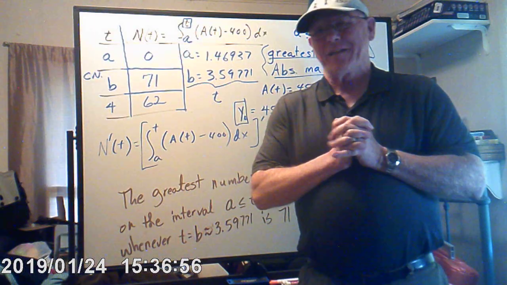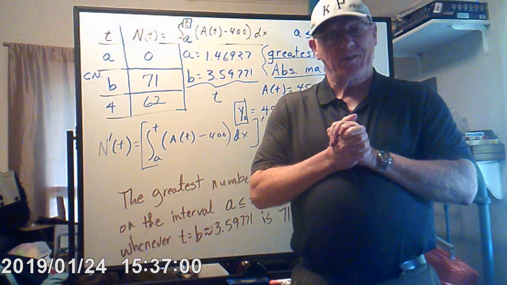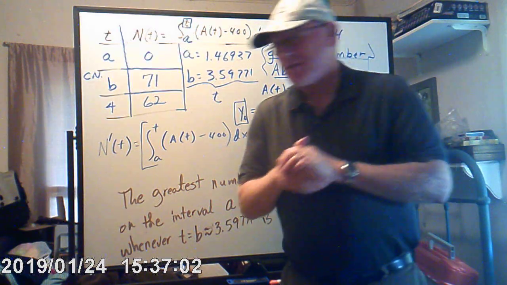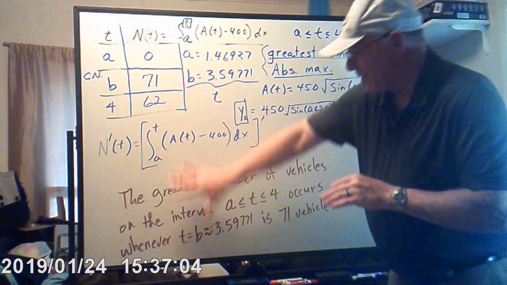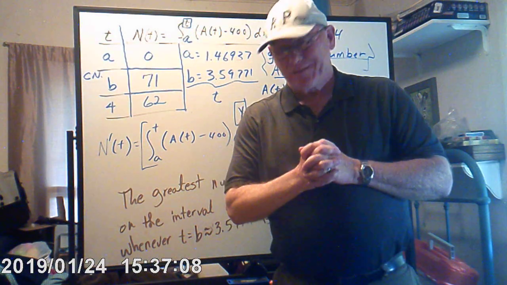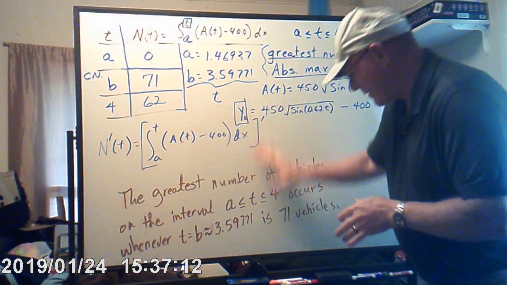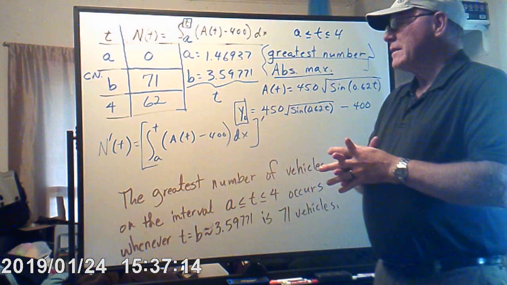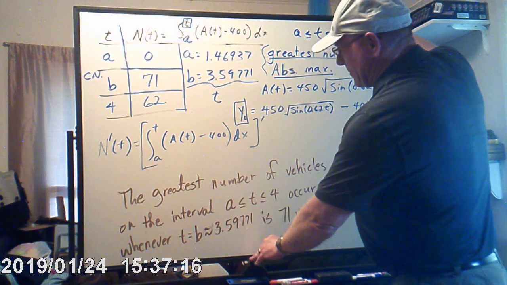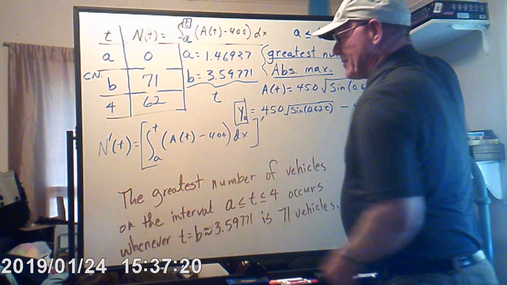I don't know when that test is, but needless to say, if it's over, it's over. But at least we got those of you who are getting ready for next year. Look forward to this kind of problem right here. You'll see it, but there you go. That's all we need to look at here. 71 vehicles.